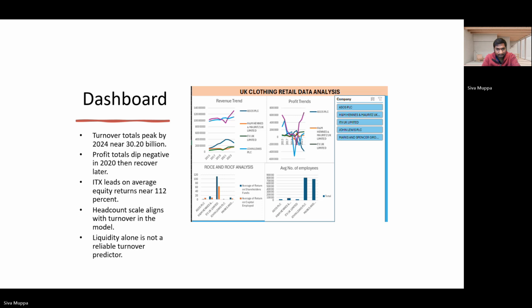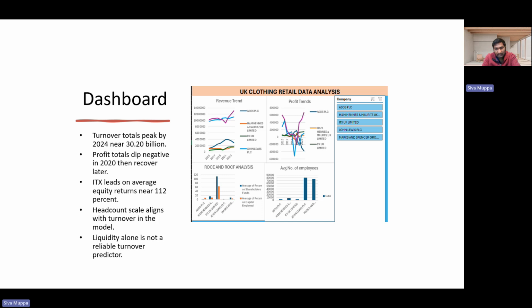Dashboard. Here we can see the dashboard. Three messages are summarized on the dashboard. First, the revenue scale goes up throughout the decade with firm-specific paths. Second, the profitability is cyclical, with a shock in 2020 and recovery.